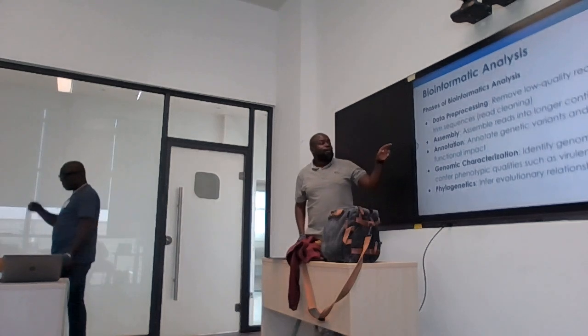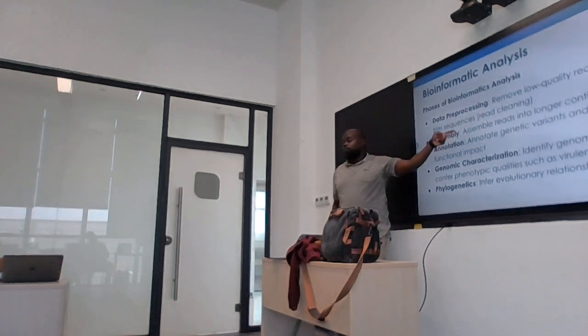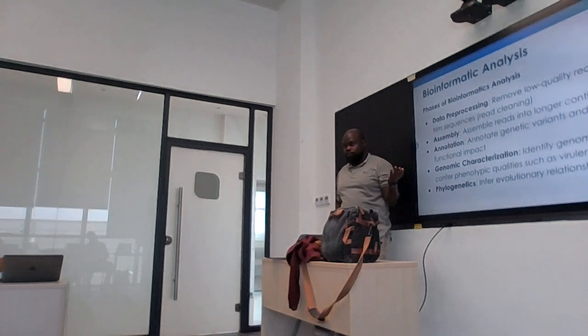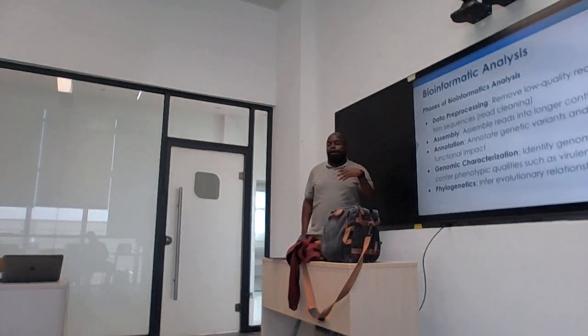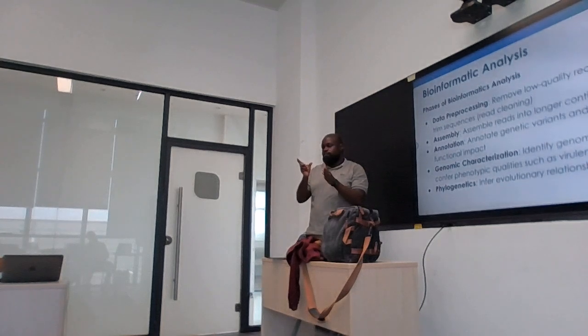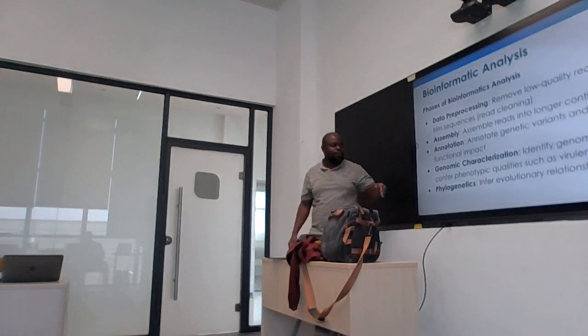So, as was explained, you could assemble your reads into either contigs, if you're using de novo assembly, or consensus, if you're using reference-based assembly. Then we do have annotation, where you have your assembly and you want to annotate your consensus with which part of the sequence is a gene, which part of the sequence is not a gene.